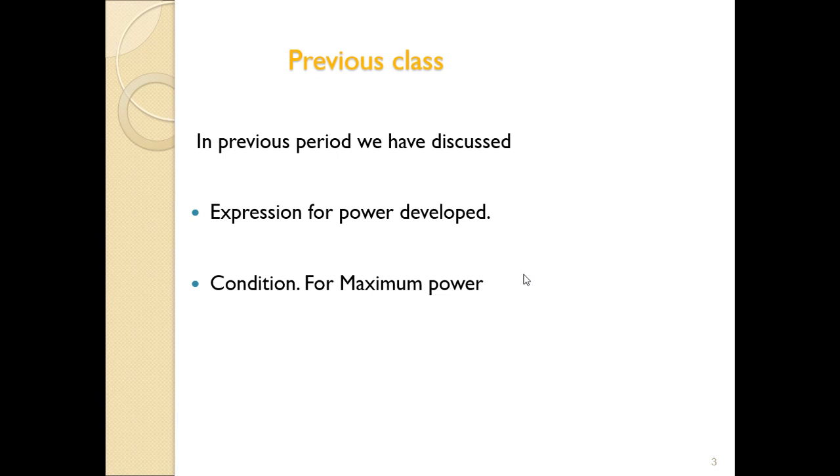And when the motor comes out of synchronism, that is called pull-out torque. So we derived the condition for pull-out torque, that is, the maximum power the motor can bear. Beyond that maximum power, it is not possible to bear any load.